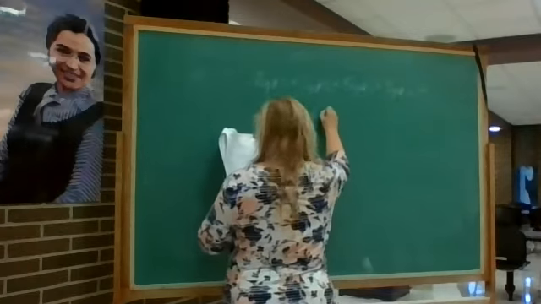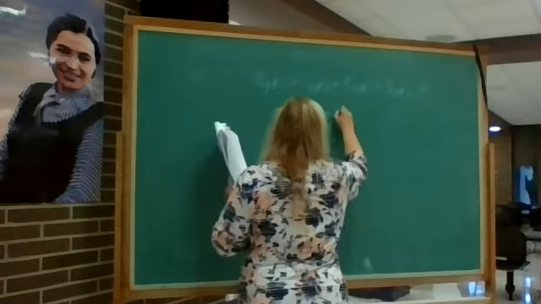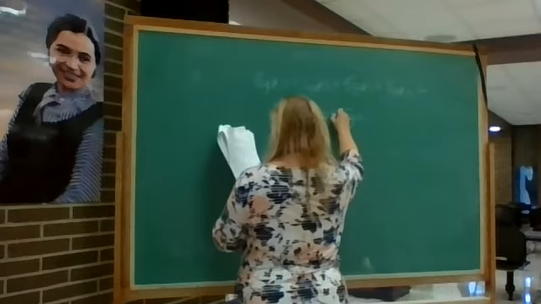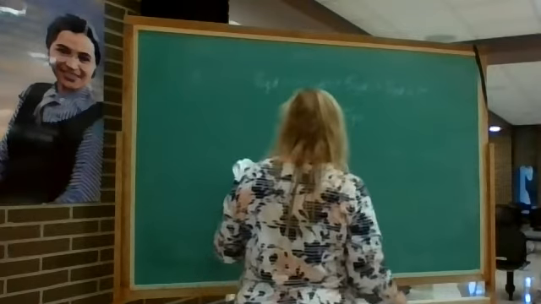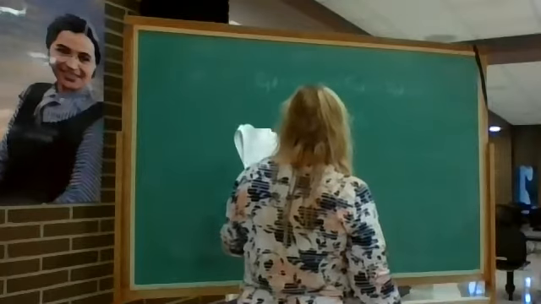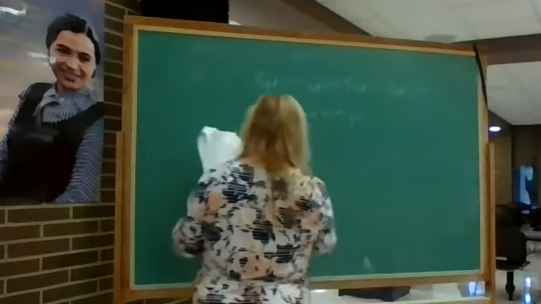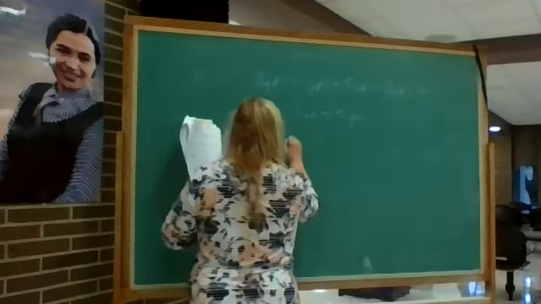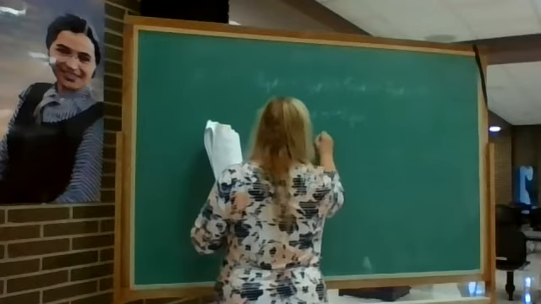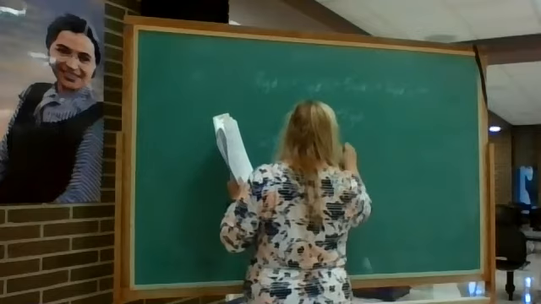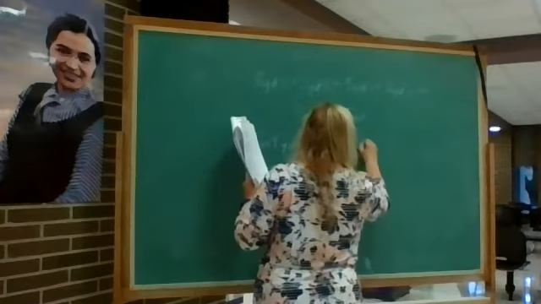Trying to write big enough here. Times 5 yards. Okay, and then you're going to multiply those together. So 8 times 3 is what? 24. So you have 24 yards squared, right? Plus 5 times 8 is 40 yards squared.